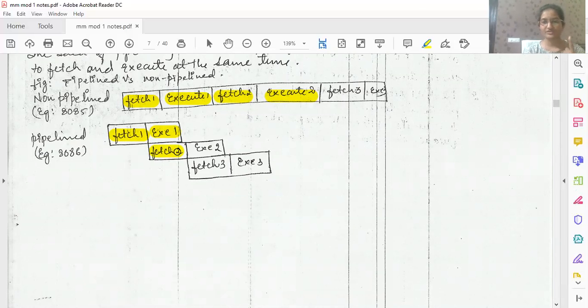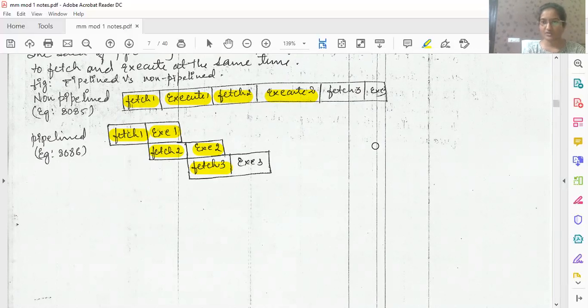So execution of the instruction 1 and fetching of the instruction 2 are going simultaneously. So this will increase the speed of the processor. Then execution of the instruction 2 and fetching of the instruction 3 will again take place simultaneously. So this is called pipelining, which is implemented in 8086 by changing the internal architecture of 8086.